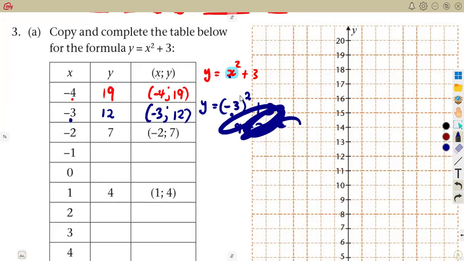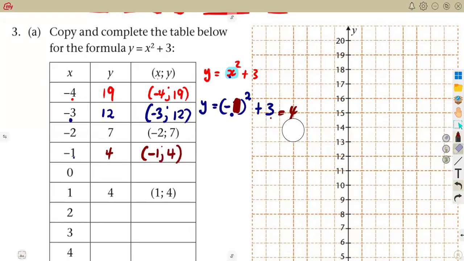So you're going to move on to another part. Minus 1. In place of x, you're going to put minus 1 this time. It is going to be 1 plus 3, which is a 4. So the y value there is 4, as a point minus 1 versus 4.